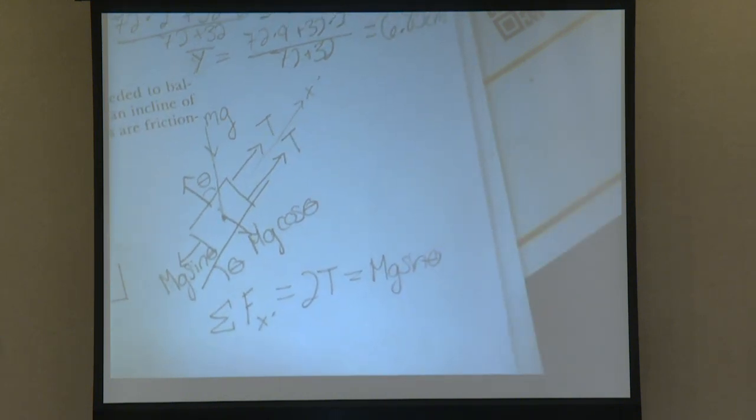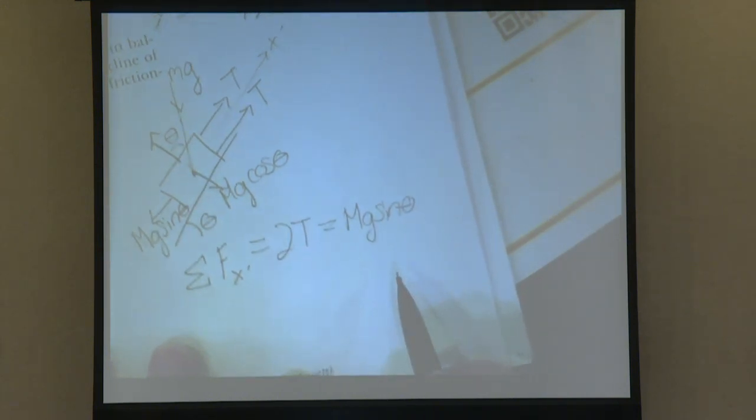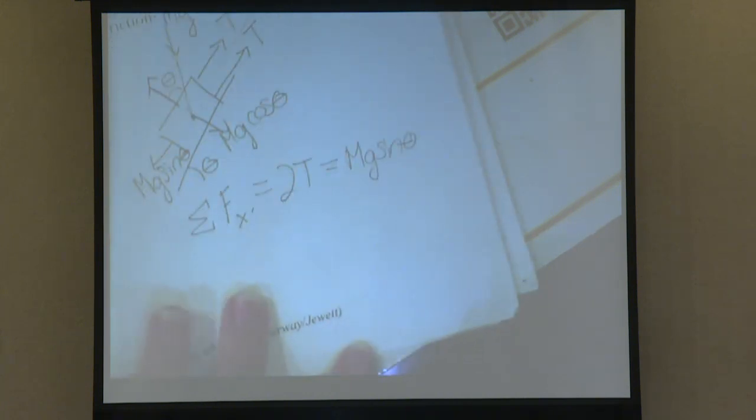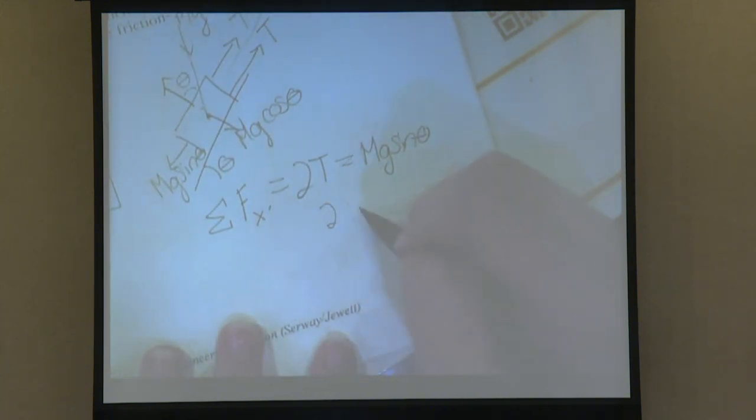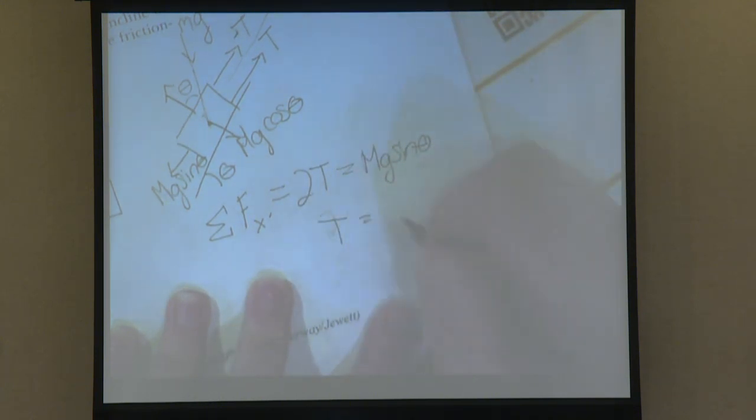We don't know our tension. We do know our mass, our gravity, and our angle. So from that we can solve our tension, which is going to be T equals 1,500 times 9.8 times sine 45 over 2.